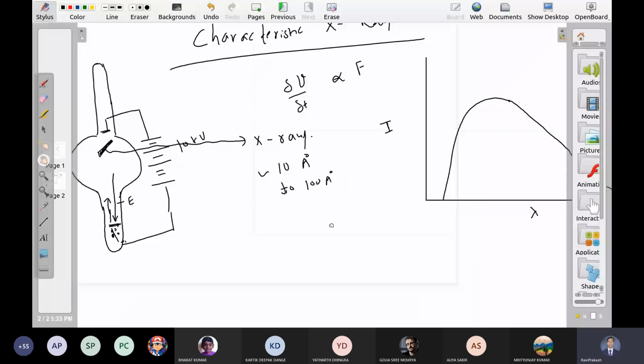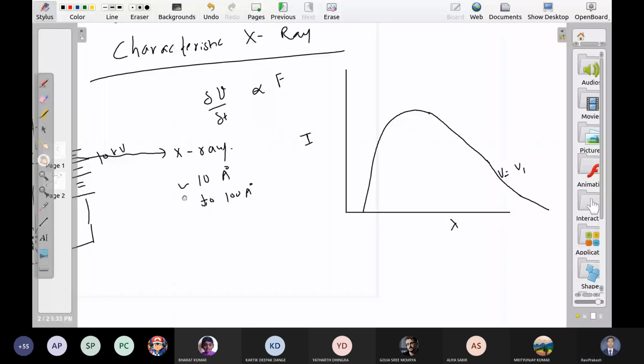Modify होके कैसा बनेगा? Something like this. So this is for some other potential, and B2 is greater than B1.